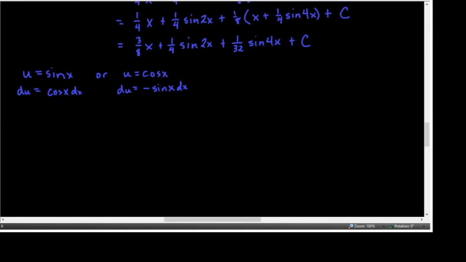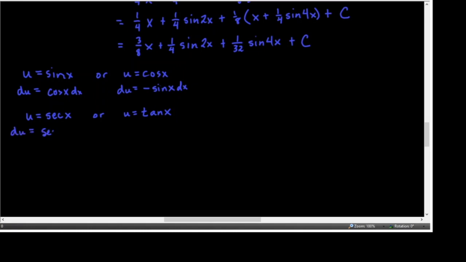What we're going to have here for secant and tangent is a little bit trickier problem. If you have a power of secant times a power of tangent, you're going to want to let u equal either secant of x or tangent of x. So far that looks pretty tame, kind of like what we've already been doing. But what is the derivative of secant of x?